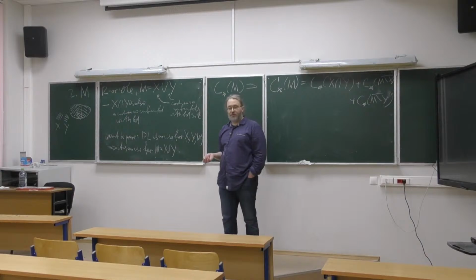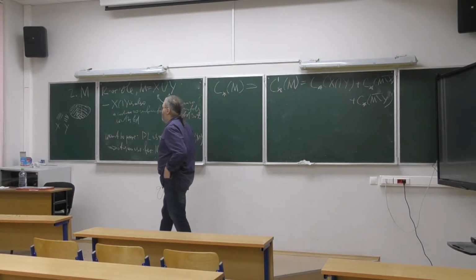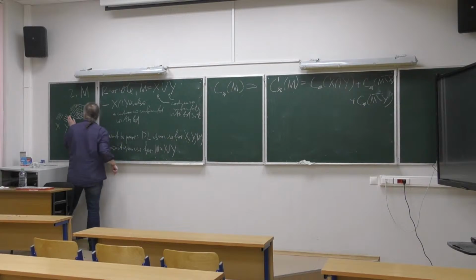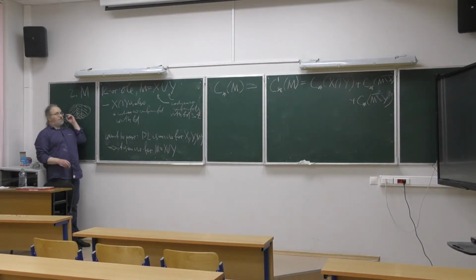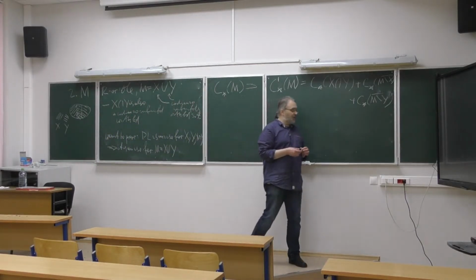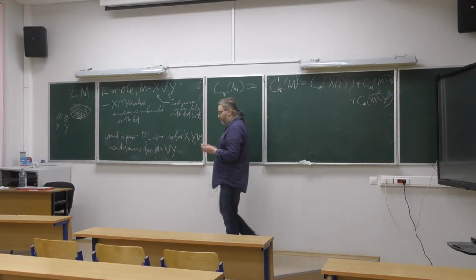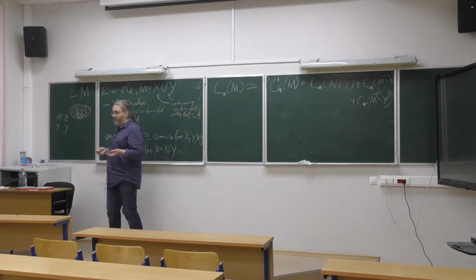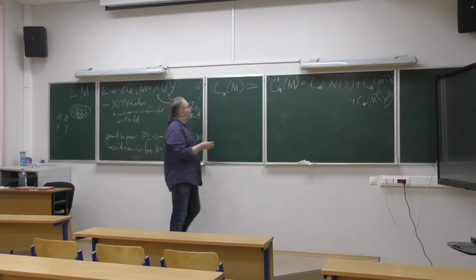The bar means the closure. In this picture, this corresponds to the following fact. I only consider chains which are either in this part, or in this part, or in the middle part. And my claim is this C prime is quasi-isomorphic to the whole thing.